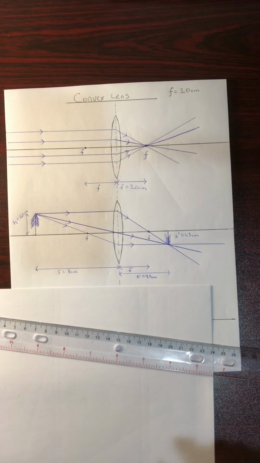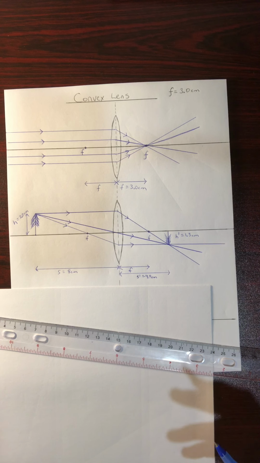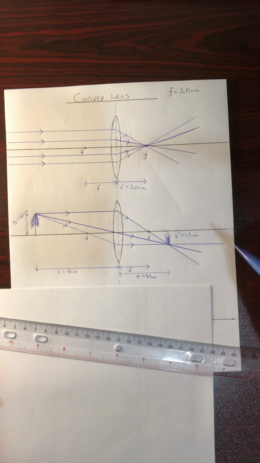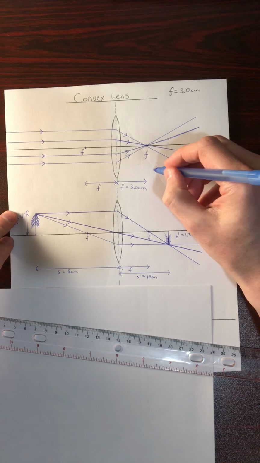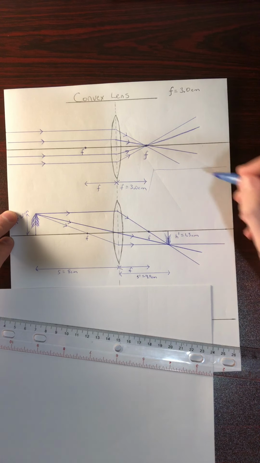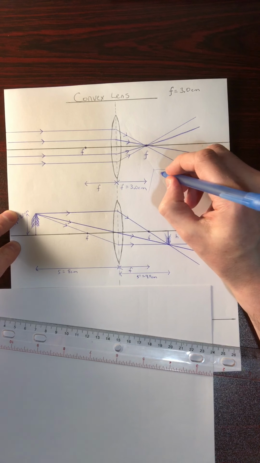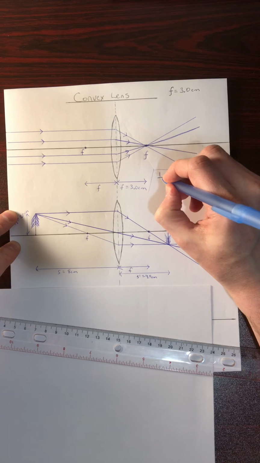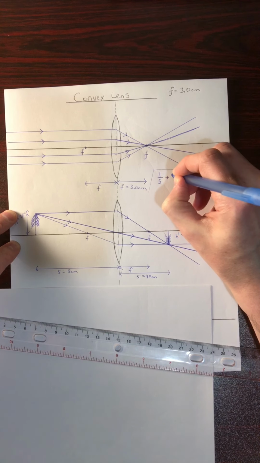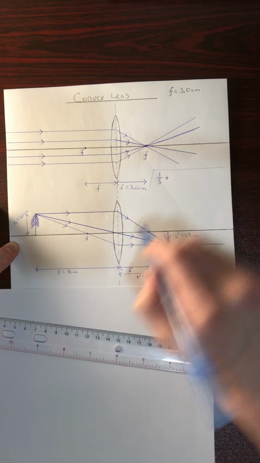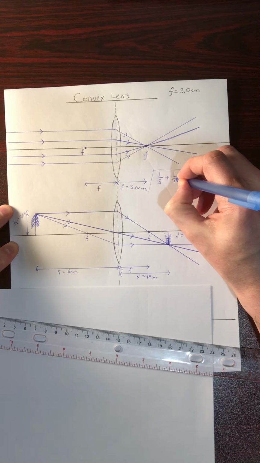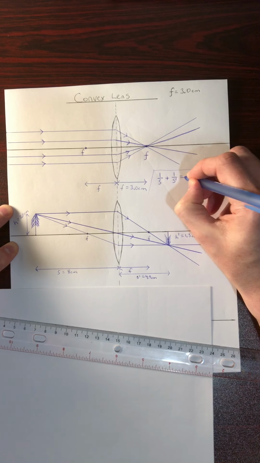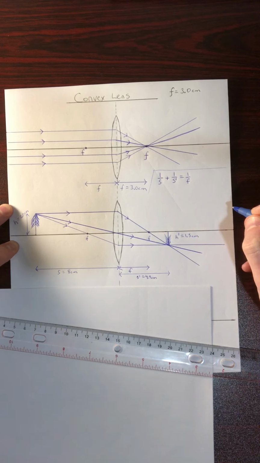Okay, so the next thing we could do is calculate what these values are with greater confidence. I'm just going to do that in this space here. We can do this calculation by looking at this equation: 1 over s, which is the distance from the object to the lens, plus 1 over s primed is equal to 1 over the focal length.